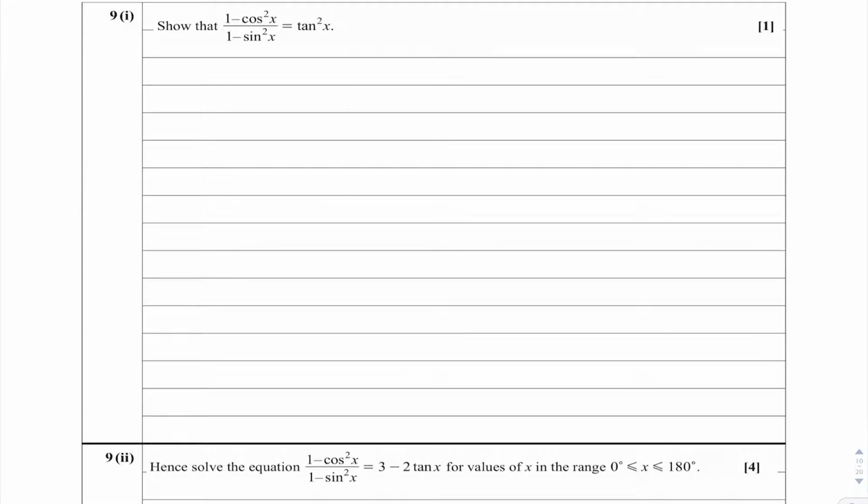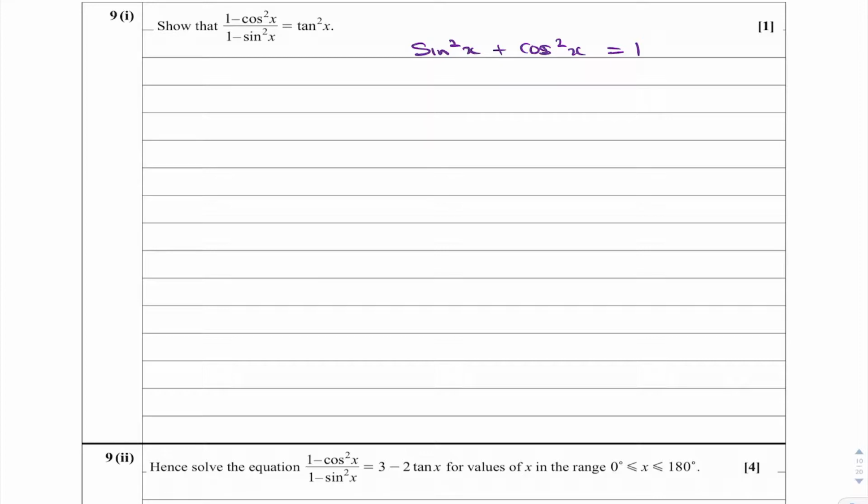Question 9, part 1. We need to show that 1 minus cos squared x over 1 minus sine squared x equals tan squared x. But remember, sine squared x plus cos squared x equals 1.